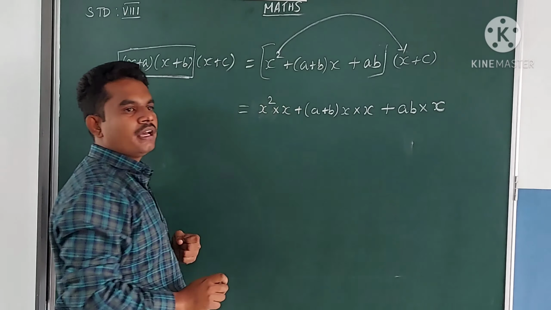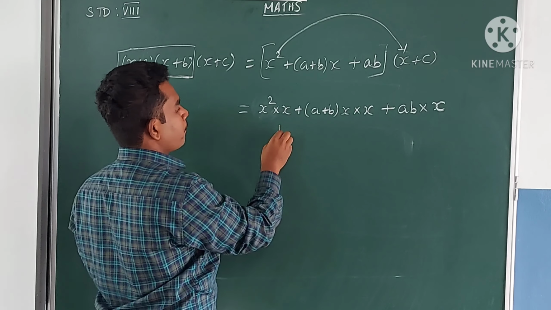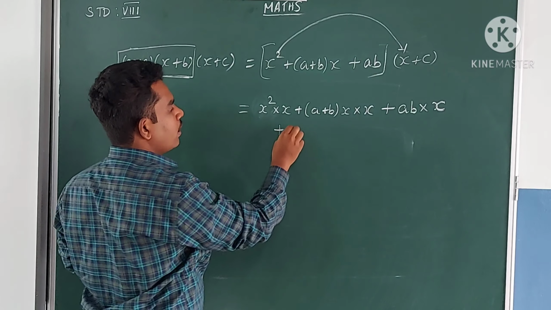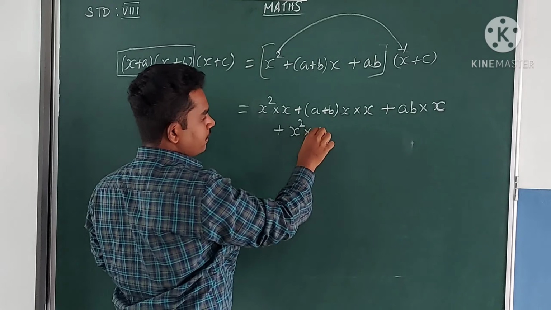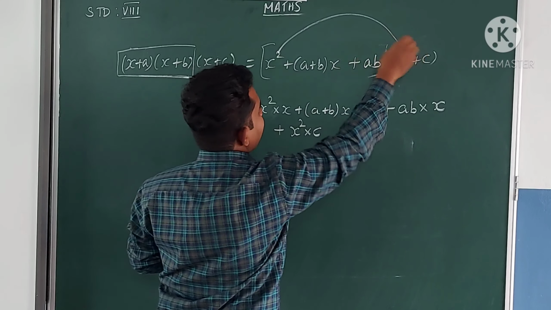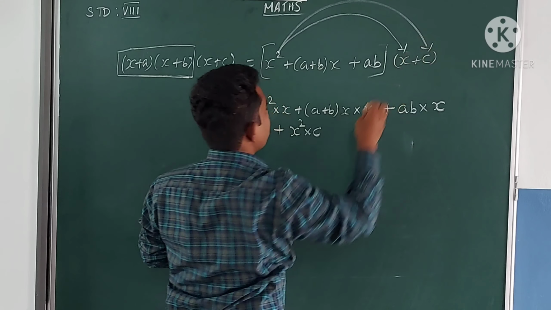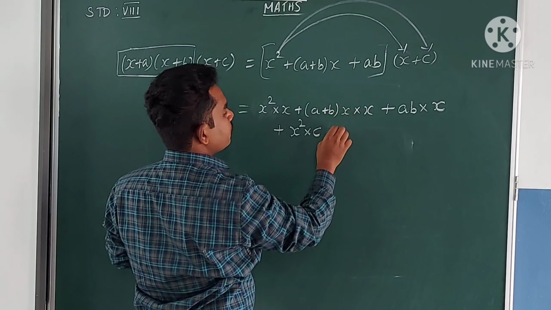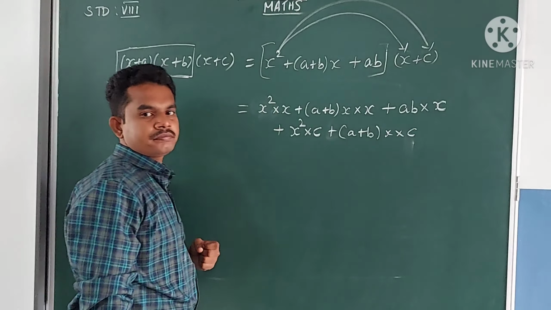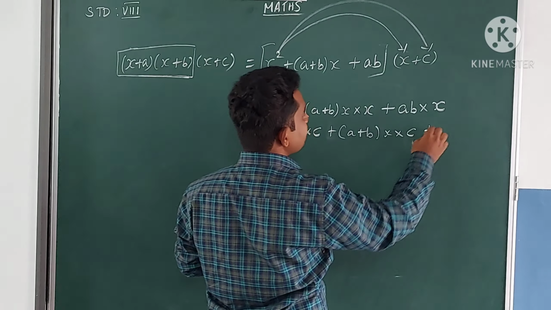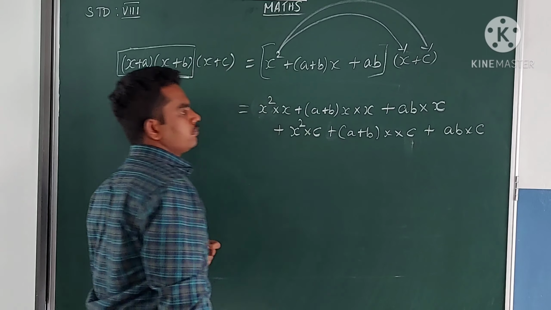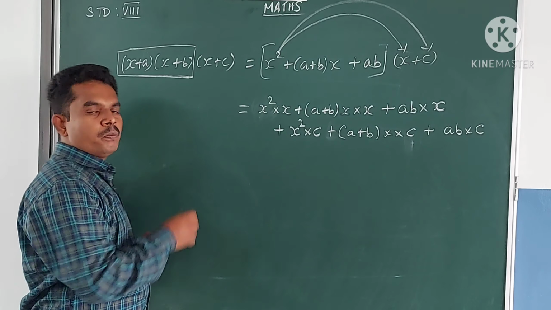Next, x square into c, a plus b into x into c, plus ab into c. Okay.